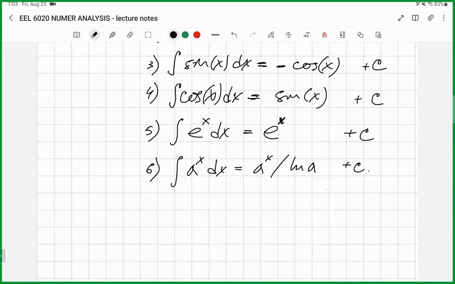And here I must say that first of all, the logarithm is defined for a larger than 0, right?